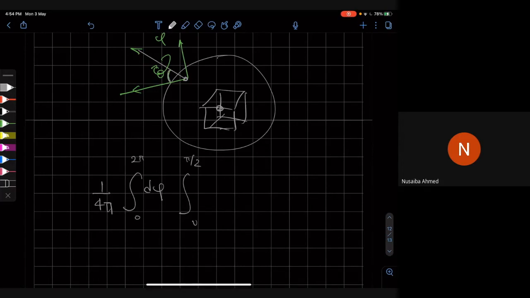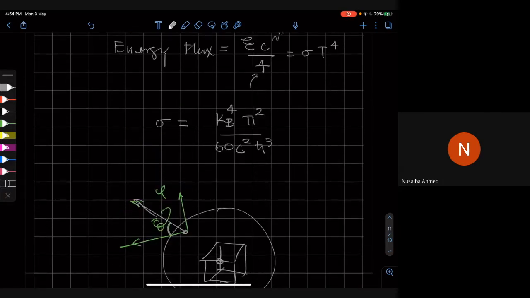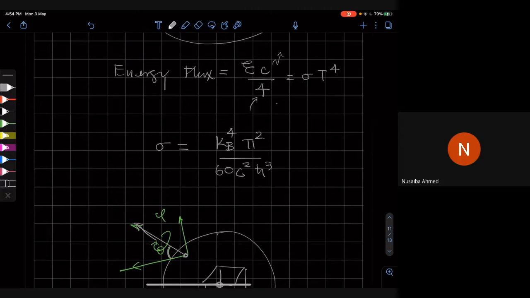And from the solid angle analysis, we have to have a sine square theta factor. But since we're only interested in the direction of radiation in this direction, we have to multiply by a cosine of theta. And if you do this integral, then you get c over 4. Okay, and that explains the c over 4 factor.